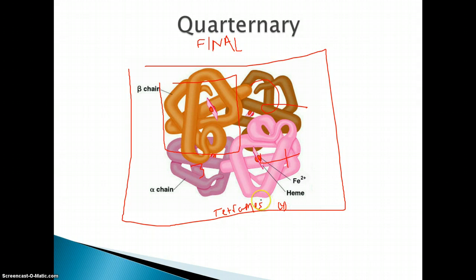Now the order goes: 2 chains is called a dimer, 3 chains of amino acids coiled up and connected is called a trimer, and 4 is called a tetramer.